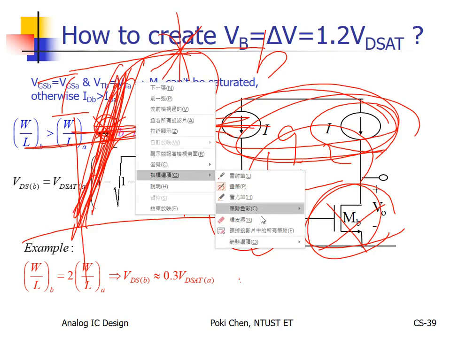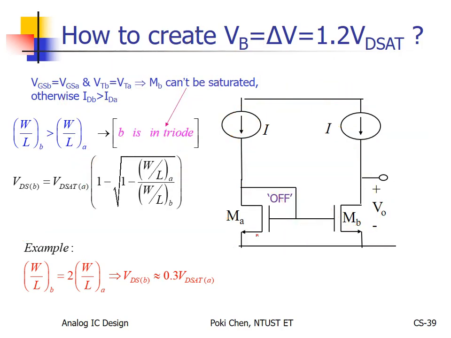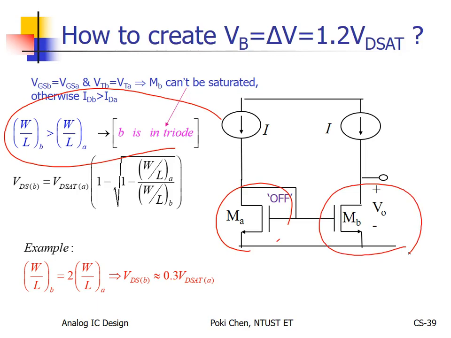So logic thinking or reasoning is the most difficult part. After you get the correct idea, then how about the derivation? Piece of cake. Okay? You just apply saturation equations for MA, triode equation for MB, then you will derive. This is the result. Okay?